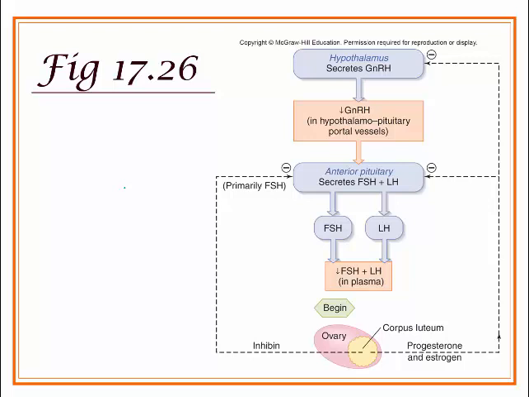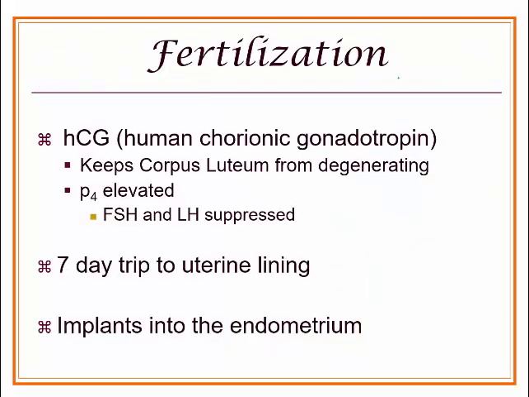Okay. This figure puts the whole thing together as well, including the corpus luteum during the luteal phase. So the corpus luteum is secreting progesterone and estrogen and inhibin, and therefore the hypothalamus and the anterior pituitary are shut down, giving a potentially fertilized egg an opportunity to implant before menses would begin and stopping additional development of follicles during that time.